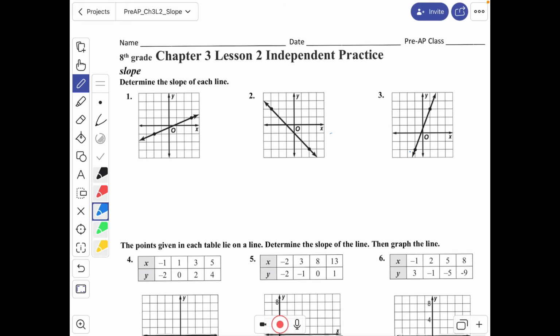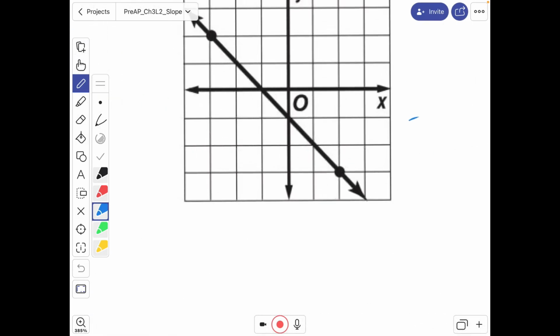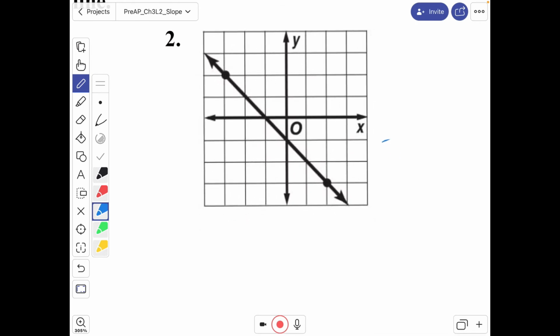Let's look at some of the ones you're going to be doing by yourself. You're going to be taking some of the graphs and finding the slope of the line. And if you look closely, they gave you some dots, some points on the line, and you just need to find what the slope is. So let's do number 2 here. We need the change of y and the change of x. And you might need to number it. Remember, if you're going up, that's positive, but if you're going down, that's going to be negative.